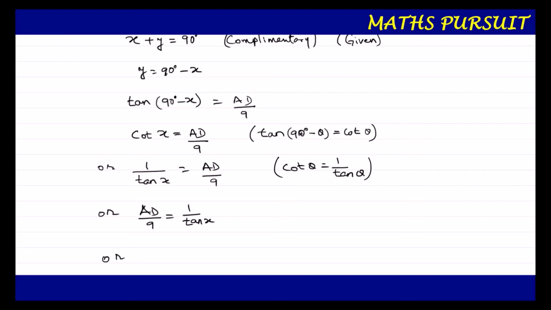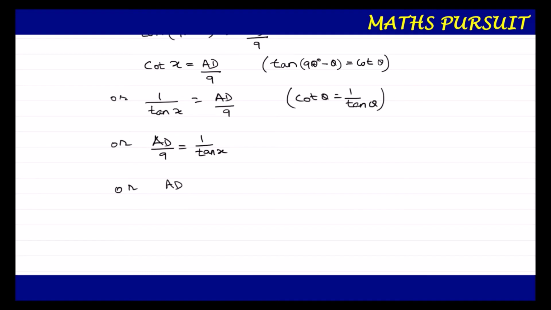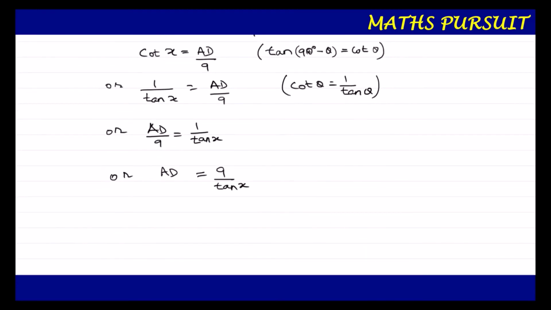Or I can write AD upon 9 is equal to 1 upon tan x, or I can write AD is equal to 9 upon tan x. Hope guys till here we are very clear. We got AD is equal to 9 upon tan x. Now guys, let us rename this one as equation number 3.